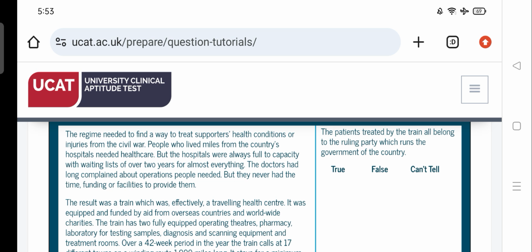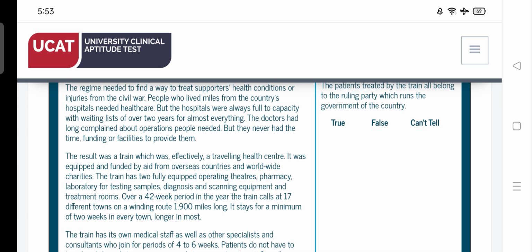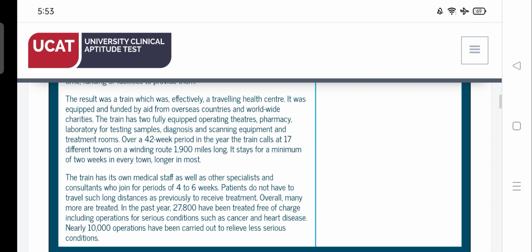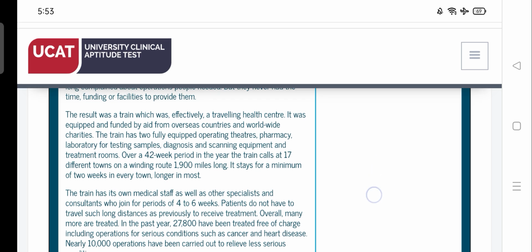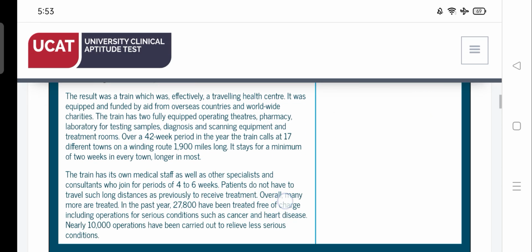So the question is, the patients treated by the train all belong to the ruling party, which runs the government of the country. Now you can use the ruling party, government of the country as the keywords to find your answers from these passages, and then you can choose your right option. You can also use the train as your keyword.